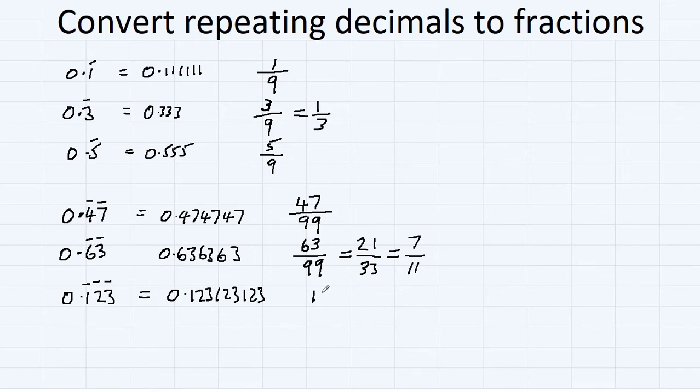This becomes 123 over 999. Again, simplifying, we can divide top and bottom by 3, so we get 41 over 333, and that's our answer.